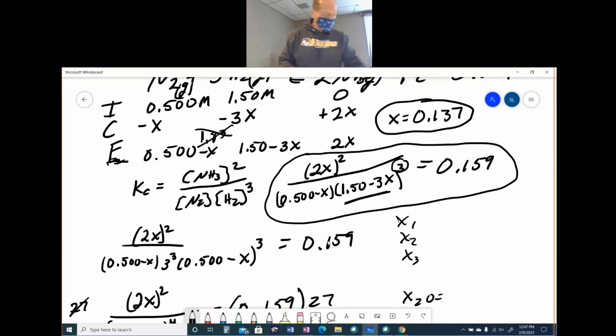All right, and so the question on 72, the equilibrium constant for this, calculate the equilibrium composition. Okay, and so, all right, so you have your 0.5 minus the 0.137, that gives you a 0.363.